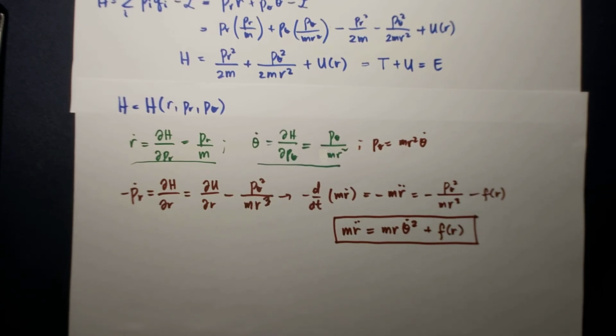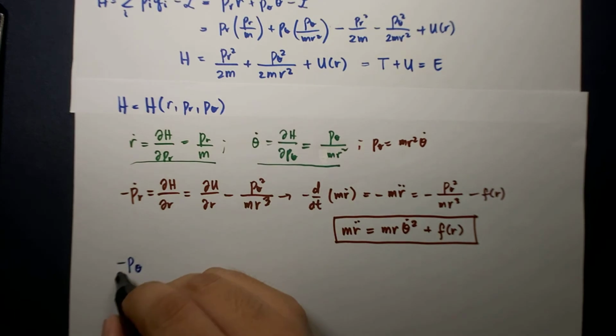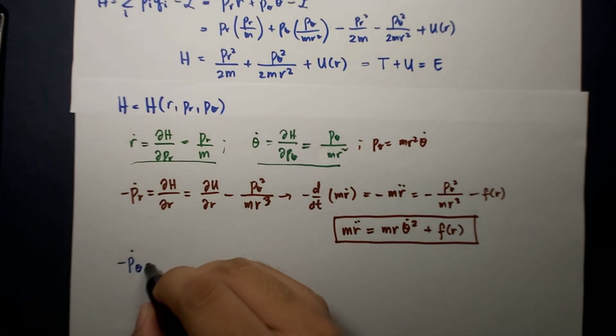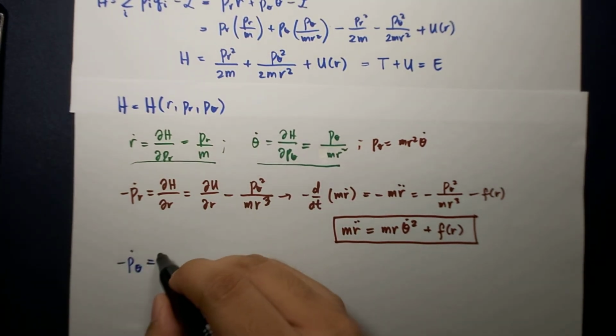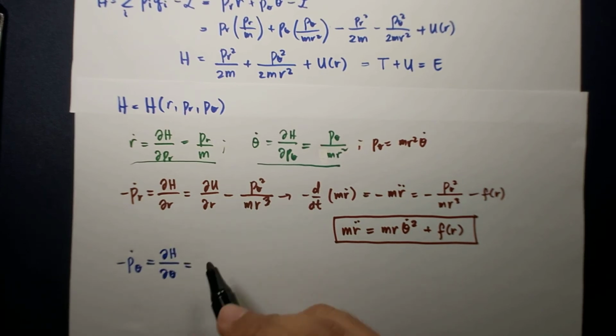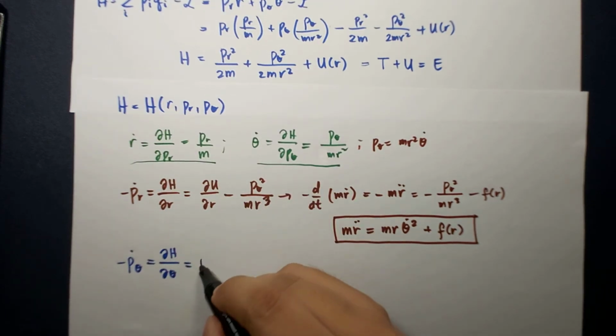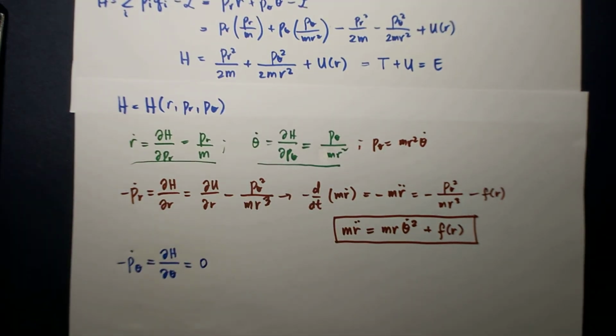Now let's see if this is also consistent with theta. So we know that in theta, this is negative P theta dot, and this is equal to partial derivative of H with respect to theta. Because H is not an explicit function of theta, therefore this is equal to 0. So what does it mean?